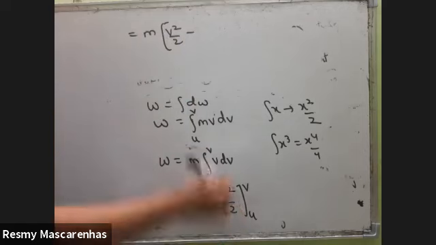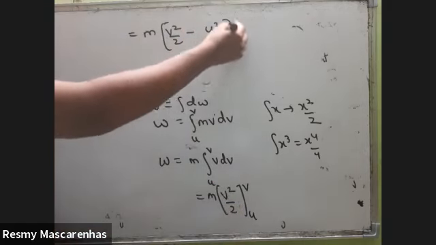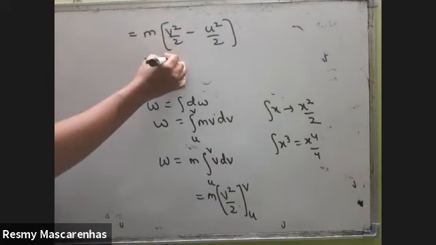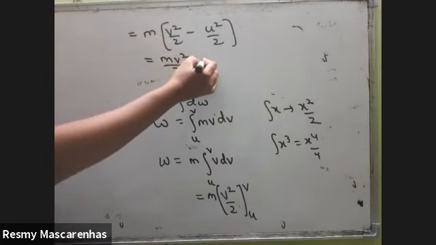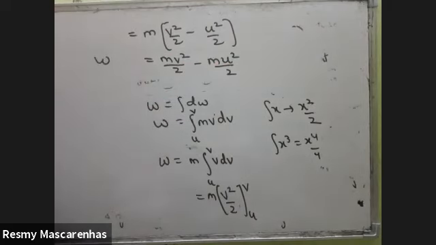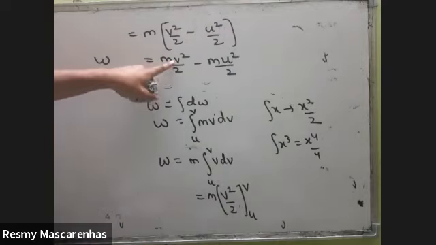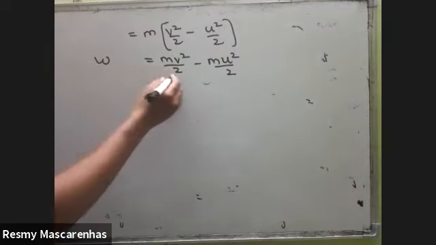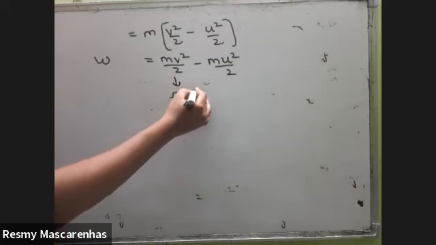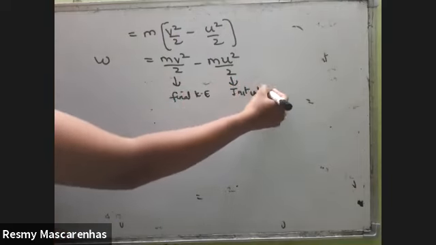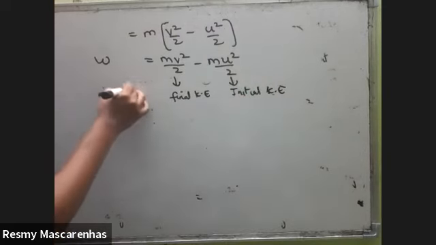And then put the lower limit. So now open up the bracket. This will become mv square by 2. So work done is nothing but, if you notice, this is your final velocity, final kinetic energy, and this is your initial kinetic. So which we have proved.